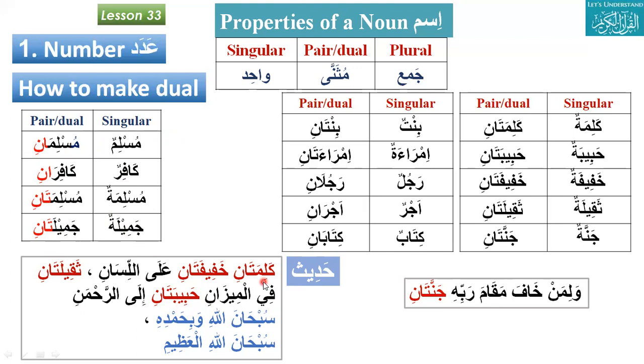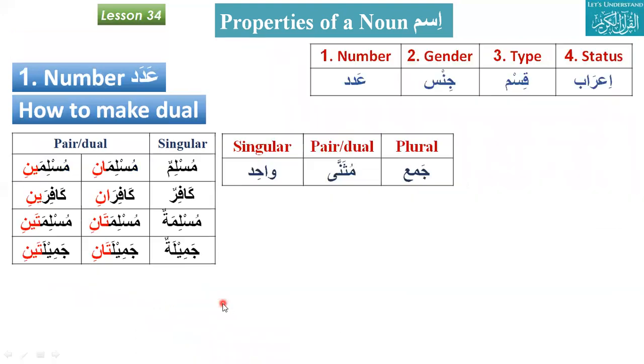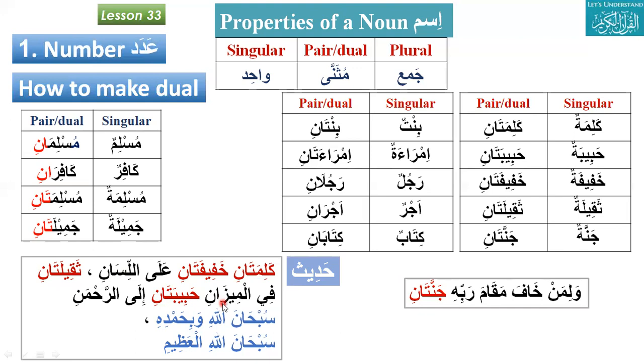Would you please translate this so that we understand it? Two words are light upon the tongue, heavy in the balance, the scale, and dear, beloved, to Rahman, the most merciful.